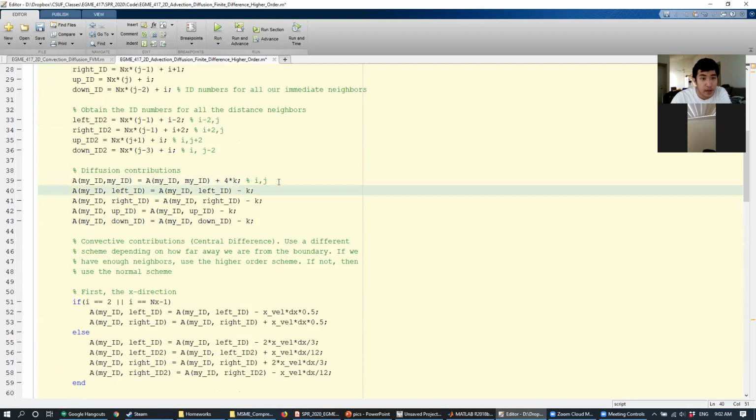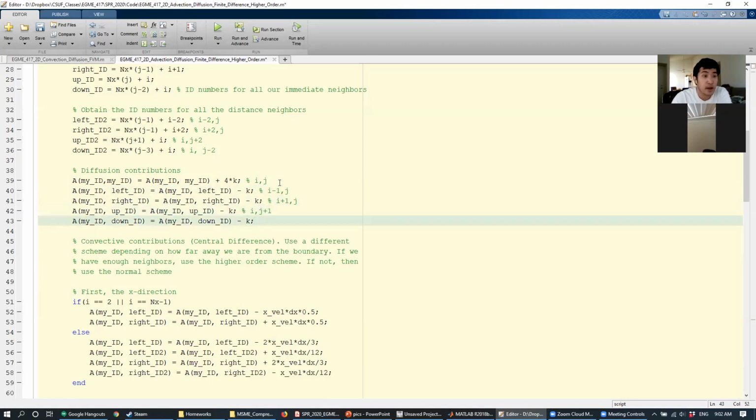Remember, that's what my ID stands for. For my ID left ID, this is phi i minus 1 comma j. My ID right ID is phi i plus 1 comma j. My ID up ID is i, j plus 1.